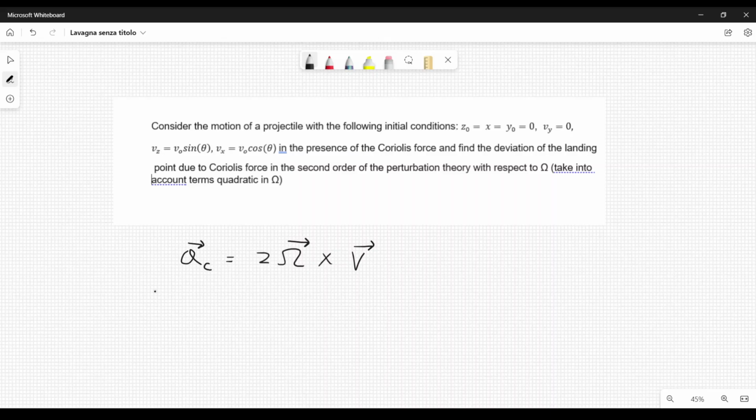If we call the mass of the projectile m, then we can write the equation of equilibrium in dynamics.